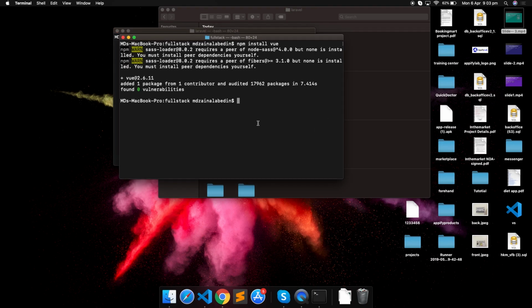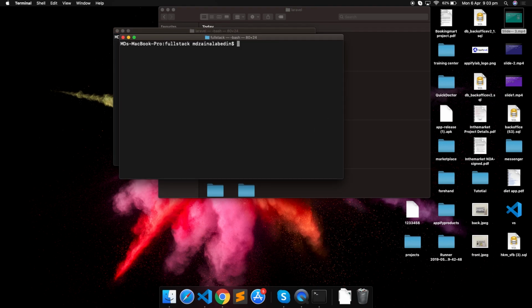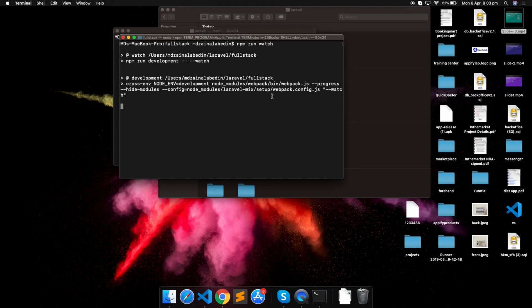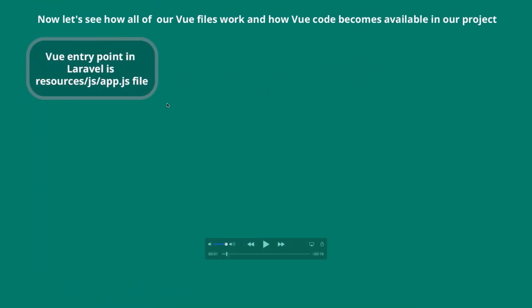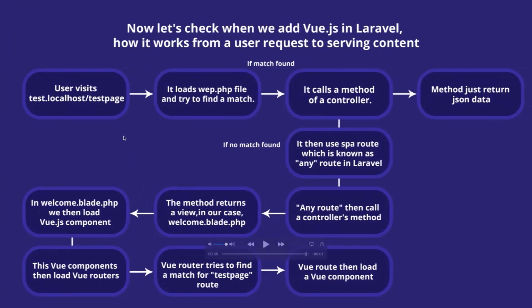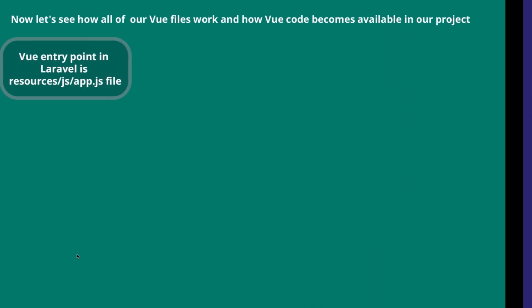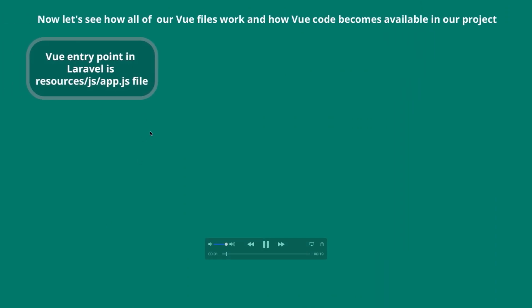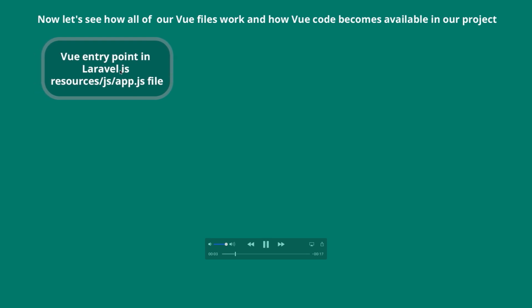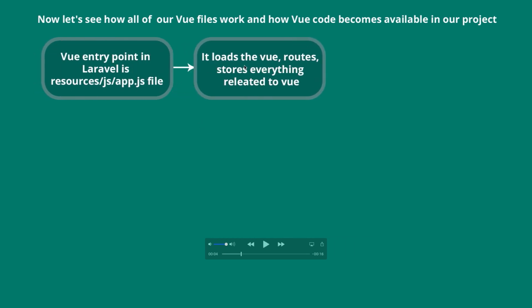We have to watch the changes, so npm run watch, and it will not work either. Let me show you why it will not work. Let's complete this flow. In order to complete this flow, we have to know this third flow as well. This is the entry point, and it loads the Vue routes, stores, everything related to Vue.